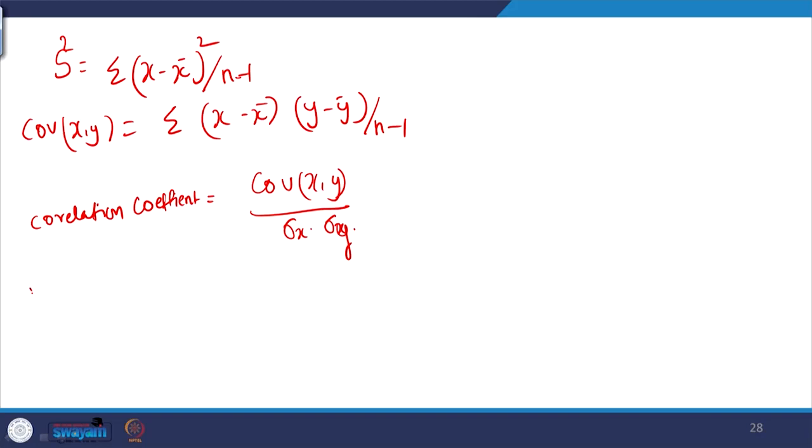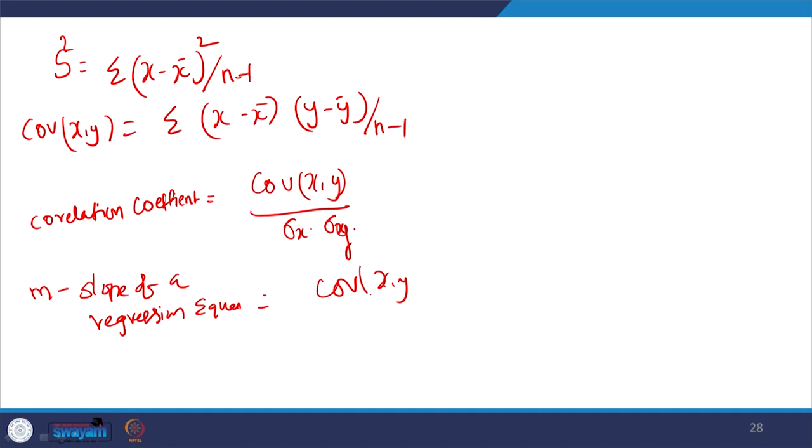Next, we will say m, that is called the slope of a regression equation. That is nothing but covariance of x comma y divided by variance of x.